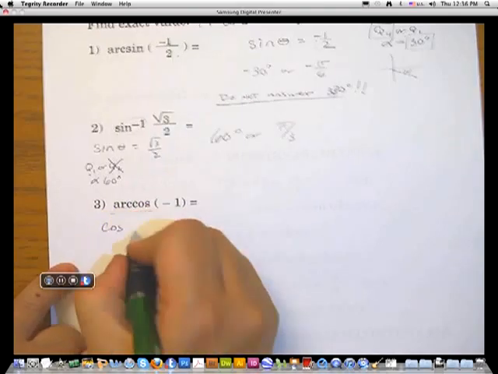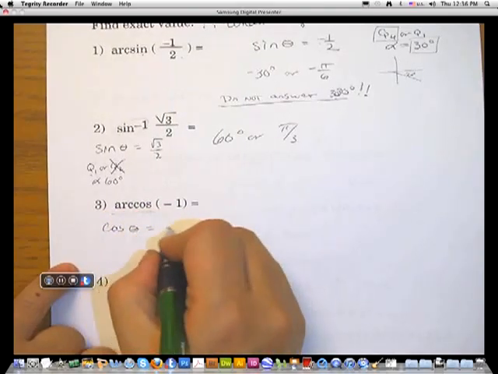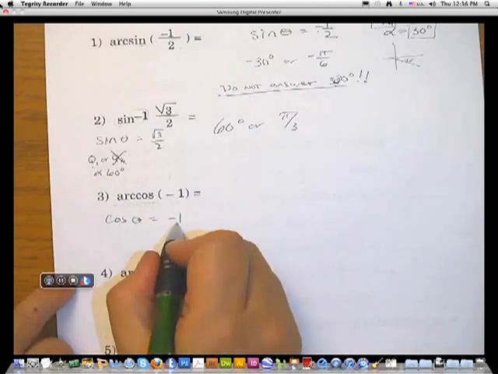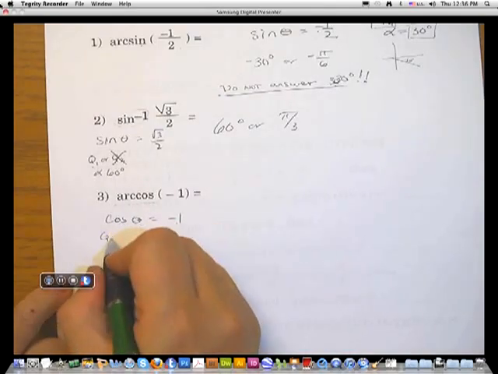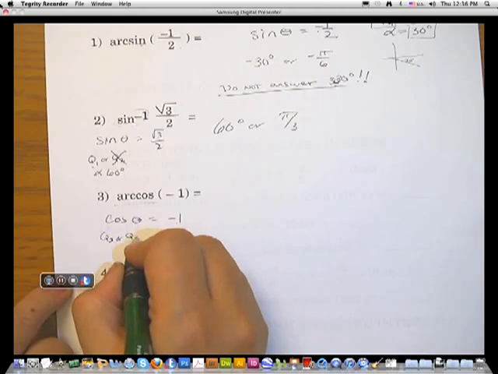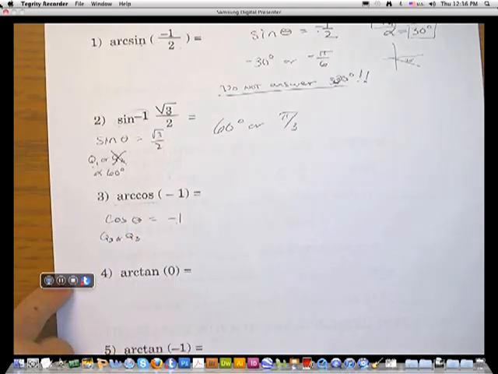Arccosine, so what angle on cosine gives me a negative 1? Well, cosine negative is either quadrant 2 or quadrant 3.